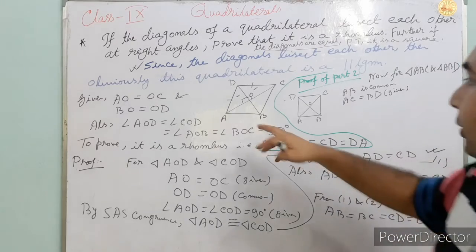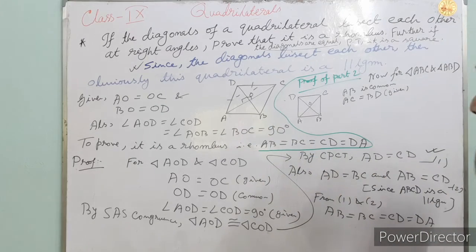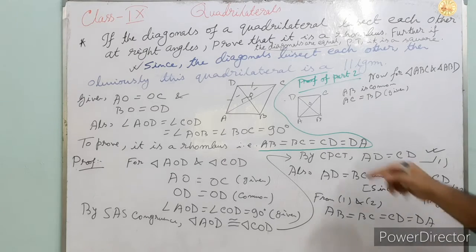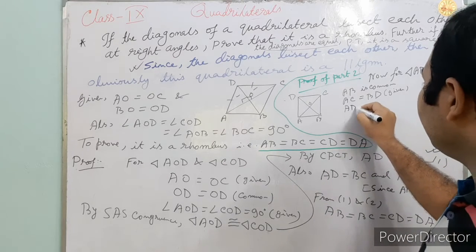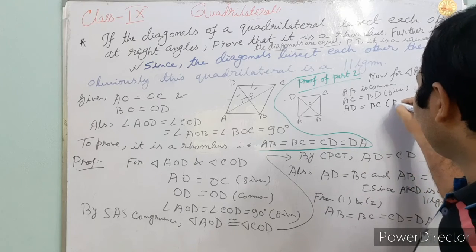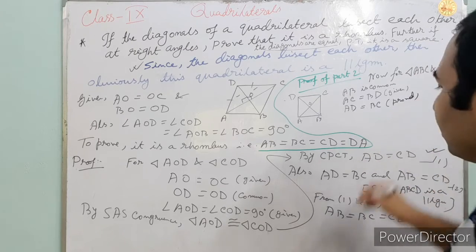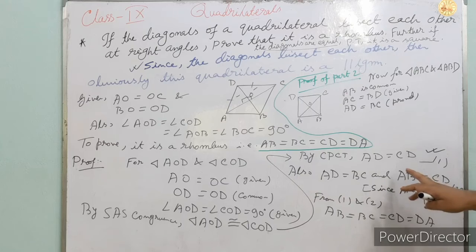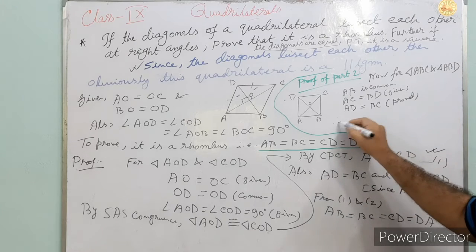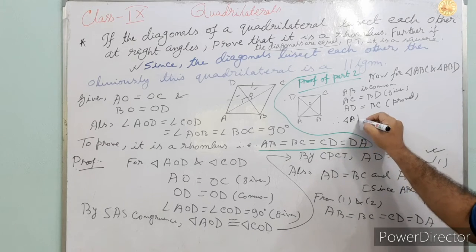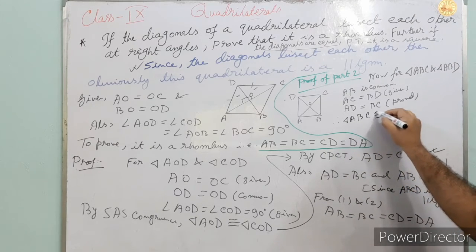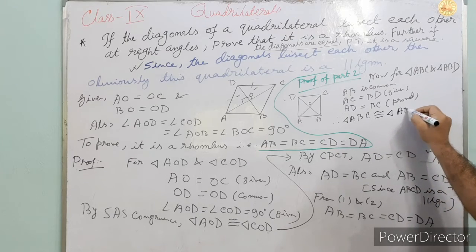And lastly, we can say AD equals BC. We have already proved this one. Here it was AD equals BC. Or you can say given also, no problem. So from here we can conclude triangle ABC is congruent to triangle ABD.